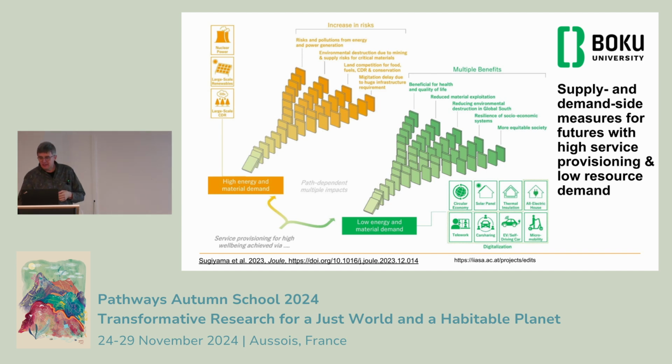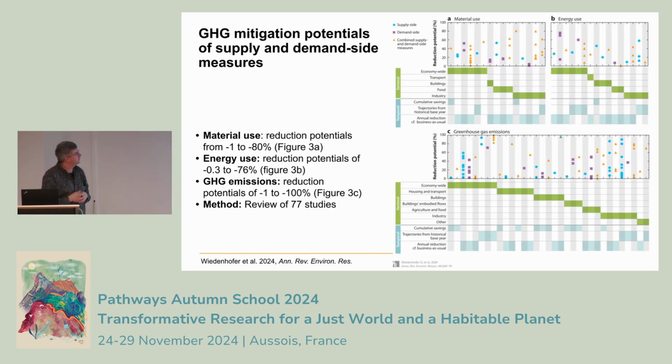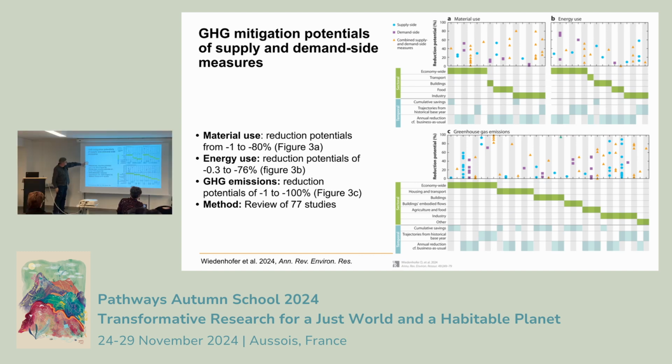And just a glimpse into that, it's from one of the review papers here. Reduction potentials for material use are up to 80%, yeah, if you provide services in a different manner. This is not just technical efficiencies, doing the same thing with more efficient motors or something, but it's also providing services in different manners.